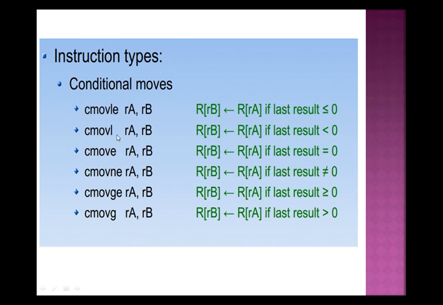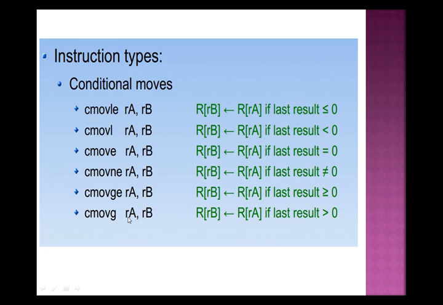Then CMOVL, that is, move if the value is less than 0. Then move if the values are equal, that is E. Then move if the value is not equal, that is, not equal to 0. Then move if the value is greater than or equal to 0.